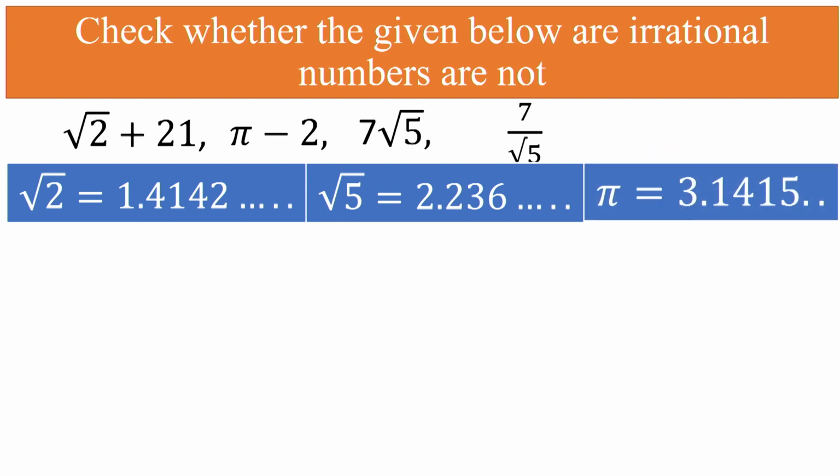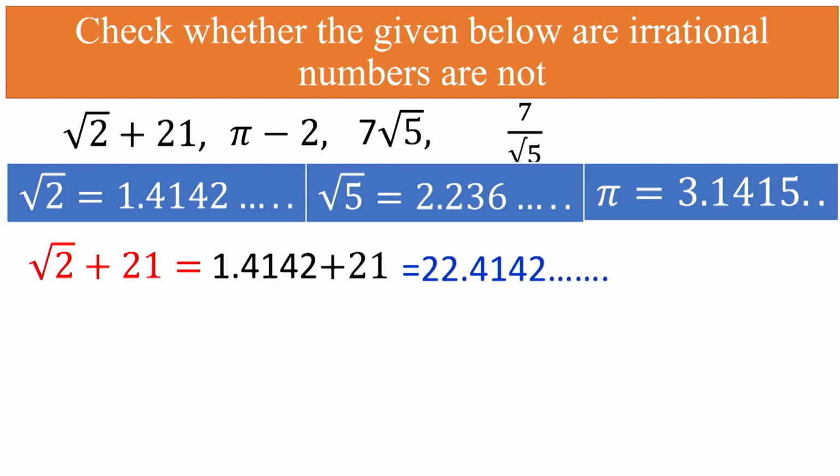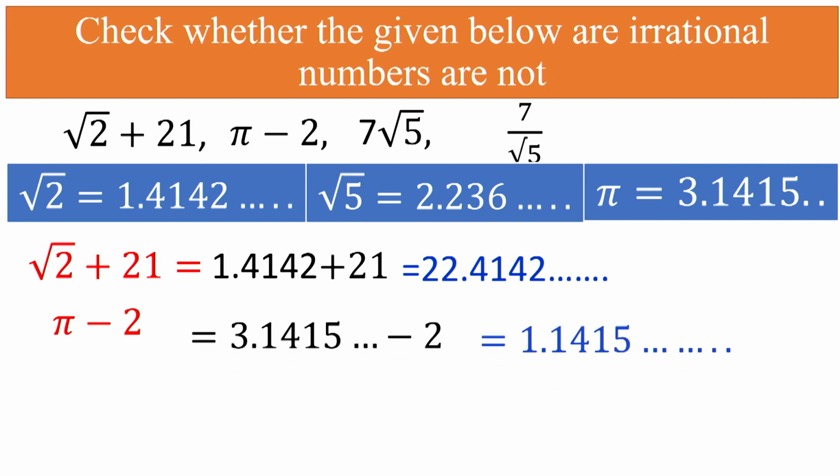Now take the first example. Substitute the value of root 2 and add to 21, we get 22.4142. For pi, substitute the value and subtract 2, we get 1.1415. Please observe these examples very carefully, my dear students.